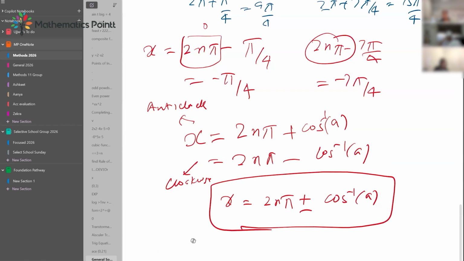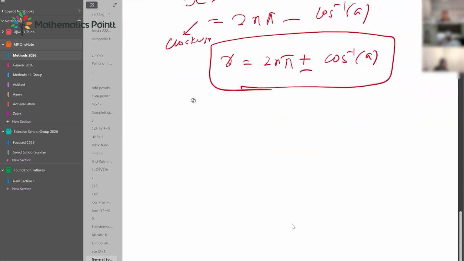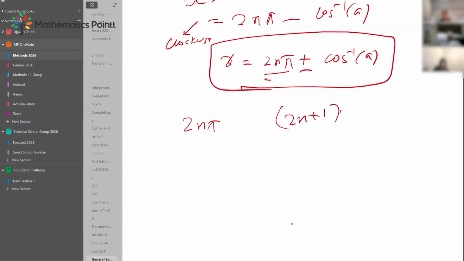Exactly the same scenario is for sine, and exactly the same scenario is for tan. The generic solution could be slightly different because the pattern identification is slightly different. Cos jumps by 2n pi, sine is slightly different. Sine jumps by 2n pi and 2n plus 1 pi. Again, plus sine inverse a.